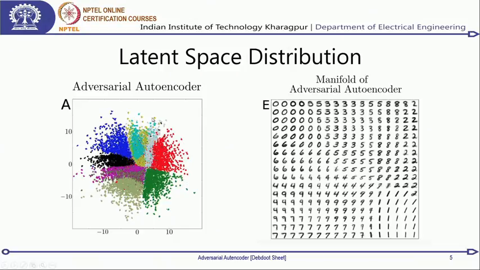The Z part does not in any way have information on the class level, they were just handwritten digits, but this cloud is something which looks quite similar to a Gaussian distribution.